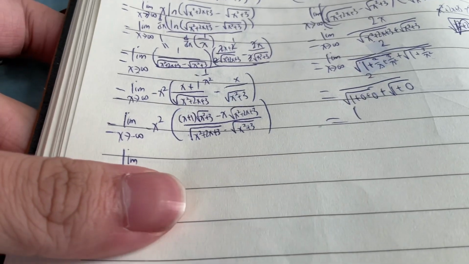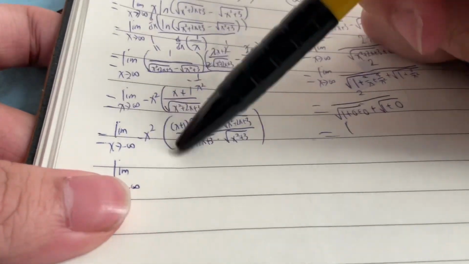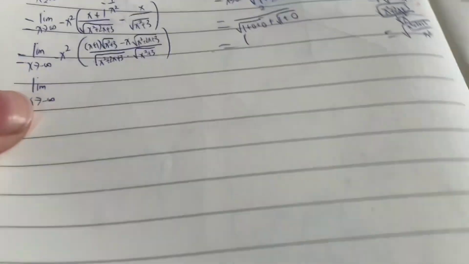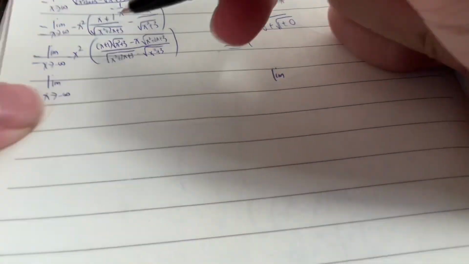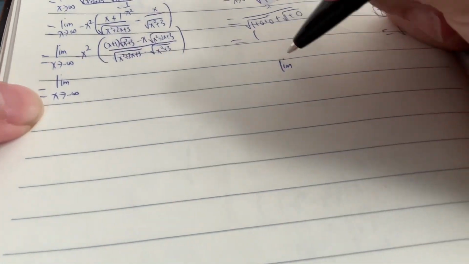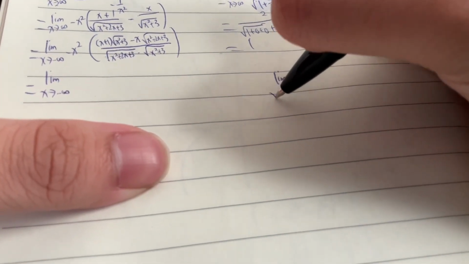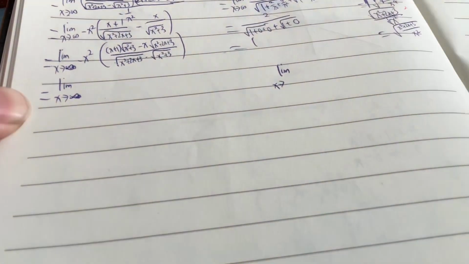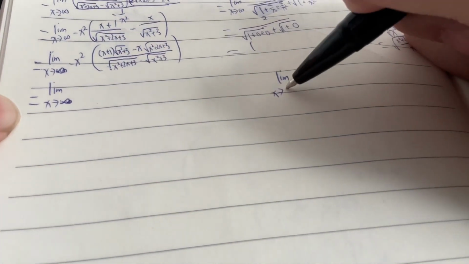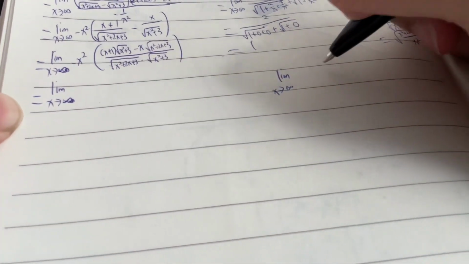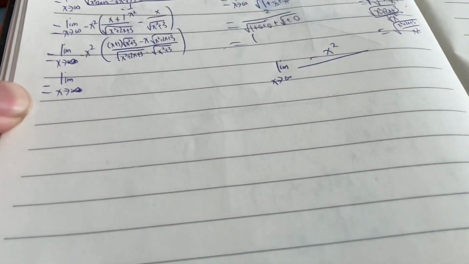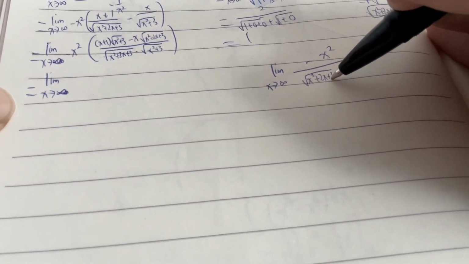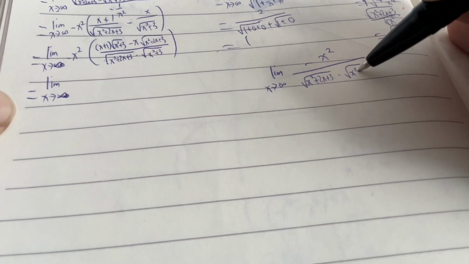So why don't we do the limit of this first, to get rid of this? The limit as x approaches, this is not negative infinity, it should be positive infinity. Limit as x approaches infinity of negative x squared divided by the square root of x squared plus 2x plus 3 multiplied by x squared plus 3.